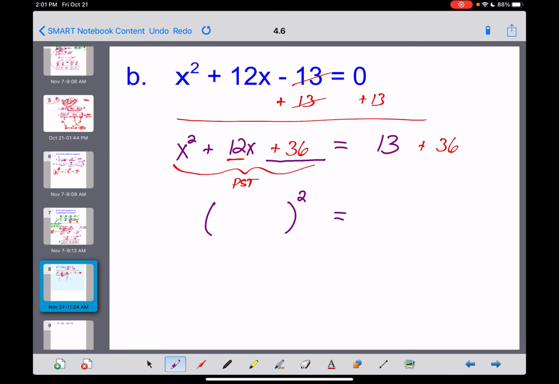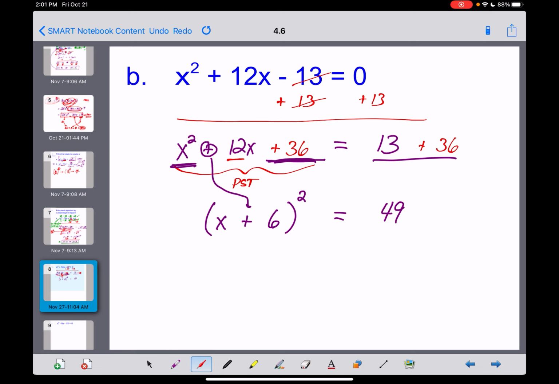The square root of x squared is x. The square root of 36 is 6, and whatever sign you have right here comes right down. This is now x plus 6 quantity squared. And on the right side, 13 plus 36 makes 49.